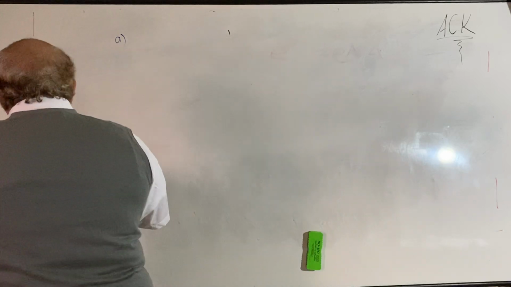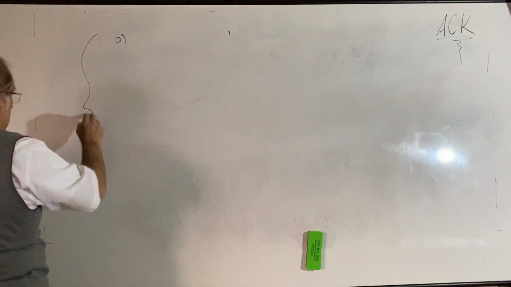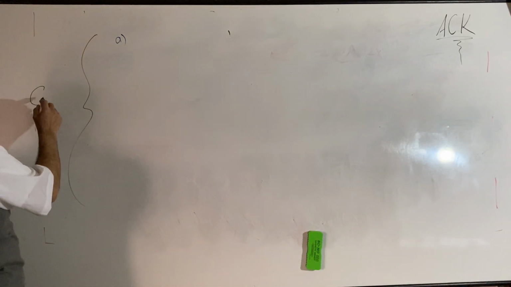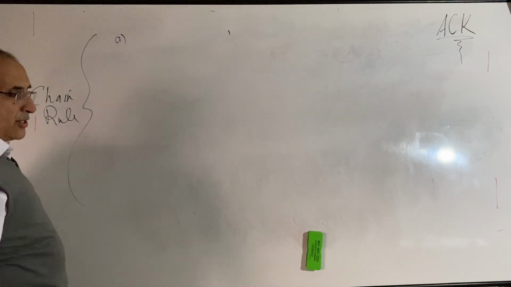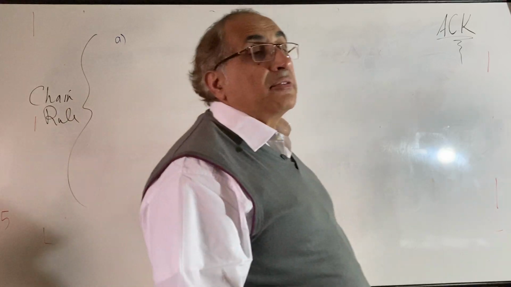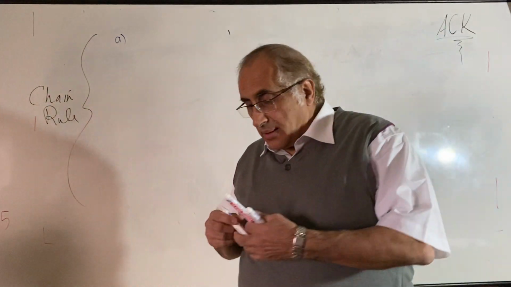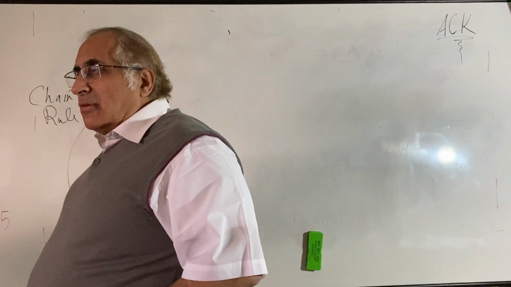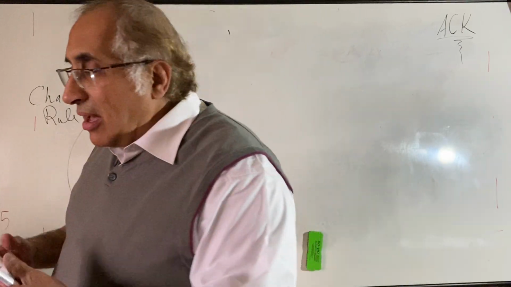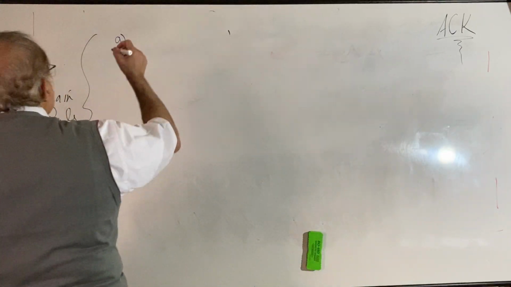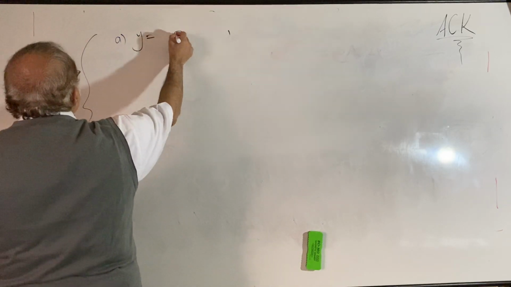Don't forget, these examples will follow chain rule. In your book, it's called function of a function. And we talked about it a lot. We have the rules, we have the lecture notes, blah, blah, blah. But now I want to make sure that you know how to think. So let's start with something simple.